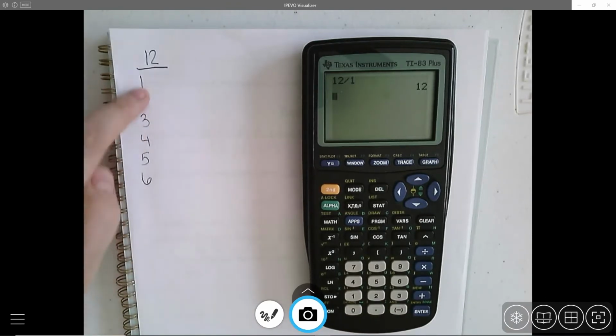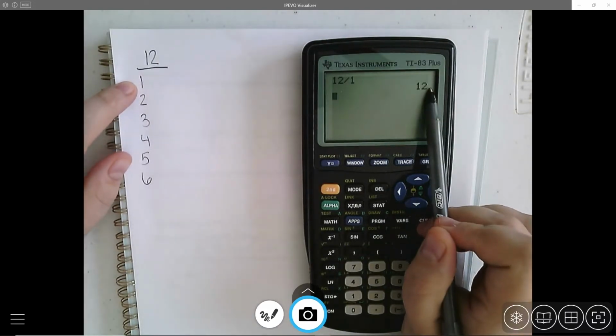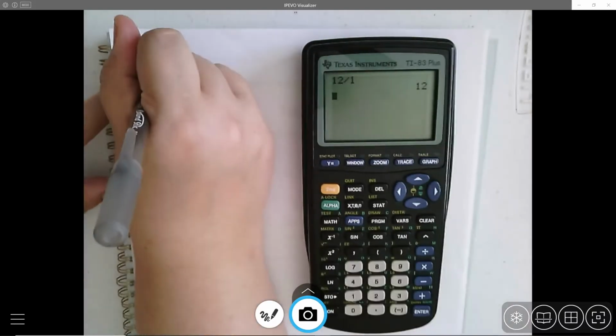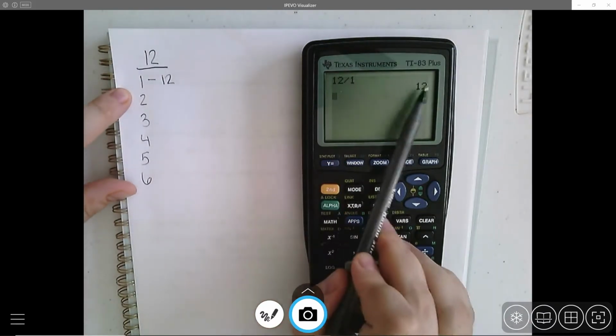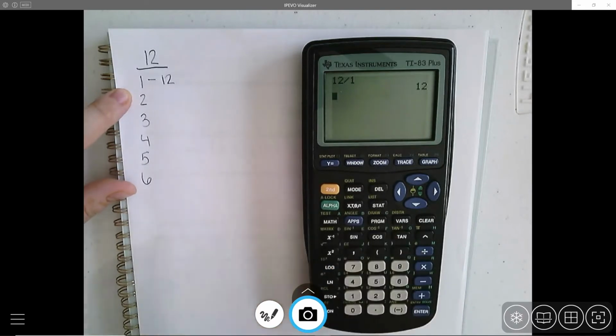When you divide by the numbers you have listed, if your answer is a non-decimal, that means the number you divided by and the number you get in the calculator are factors. So 1 and 12 are factors because I divided by 1 and got a non-decimal answer. So 1 and 12 are factors of 12.